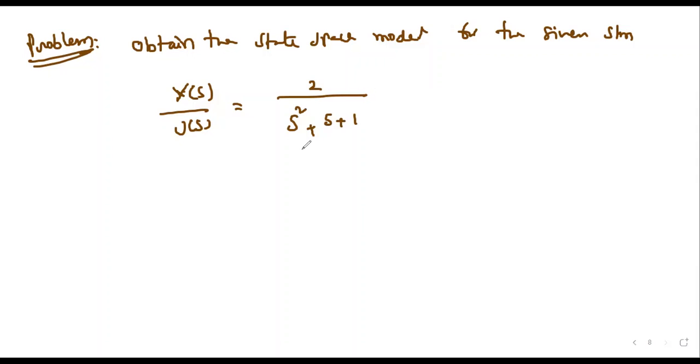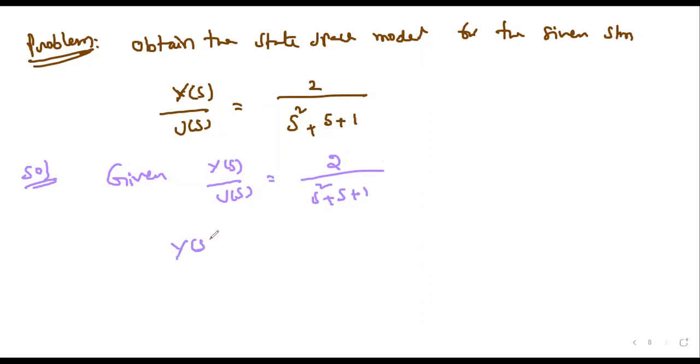Simple system. Please do this. Given transfer function Y of s by U of s is equal to 2 by s square plus s plus 1. So do the cross multiplication. Then what do you get?